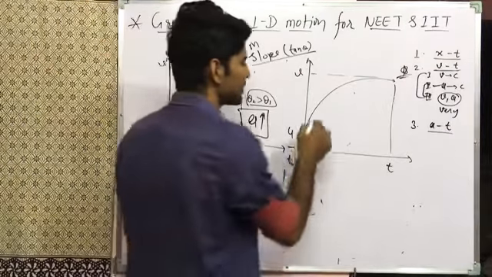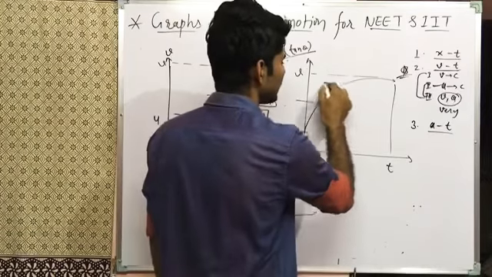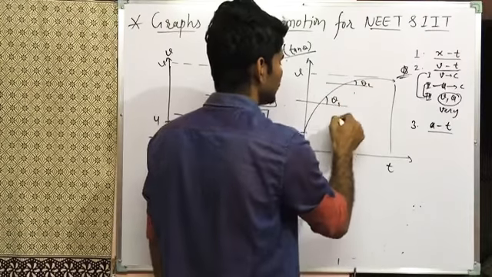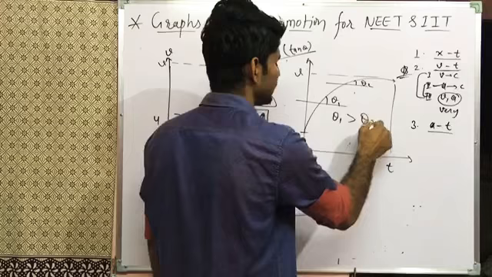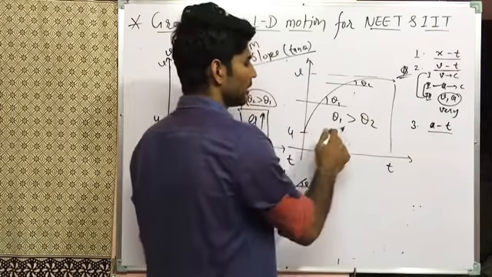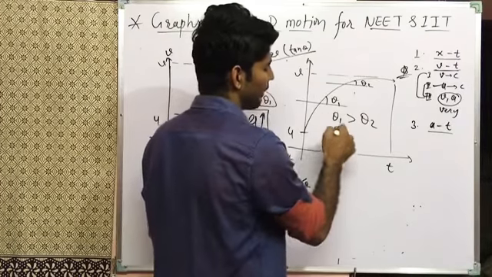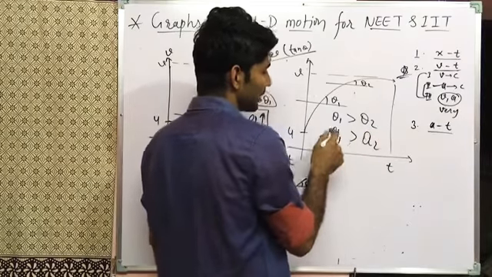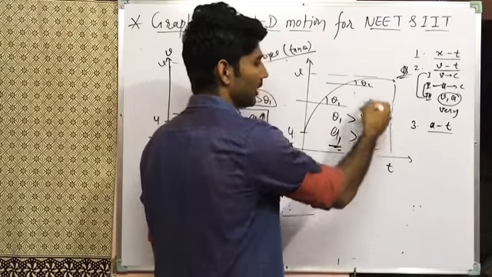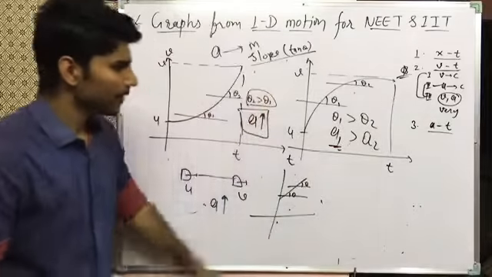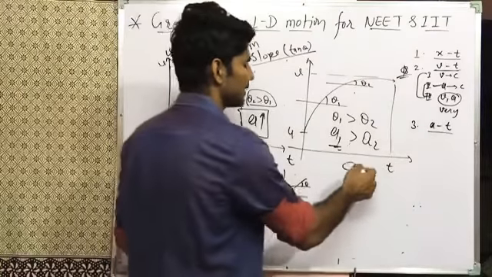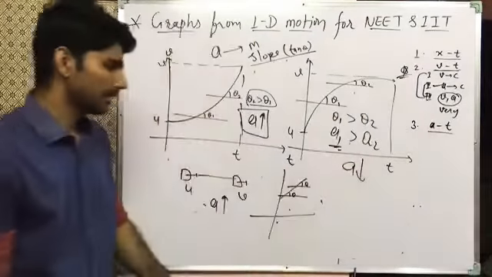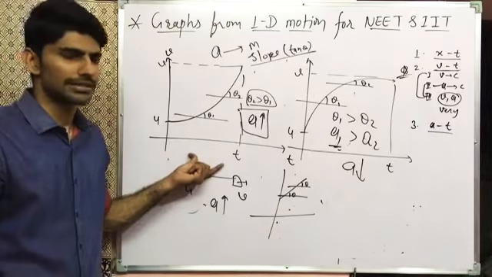And in this case, you can see this is theta 1, this is theta 2. Theta 1 is greater than theta 2. So here acceleration 1 is greater than acceleration 2. Initially the acceleration is more and finally the acceleration is less. So here acceleration is decreasing. This is for decreasing acceleration, this is for increasing acceleration.